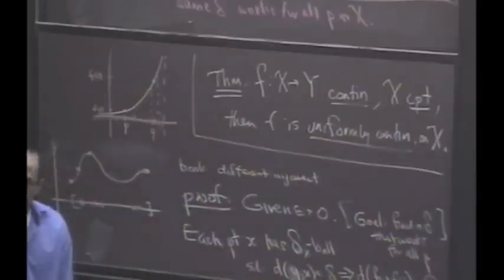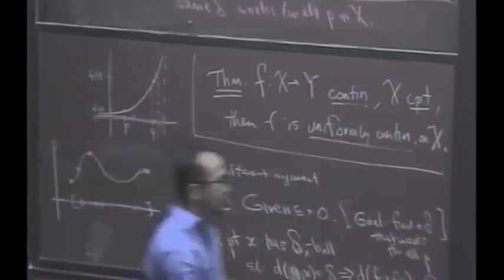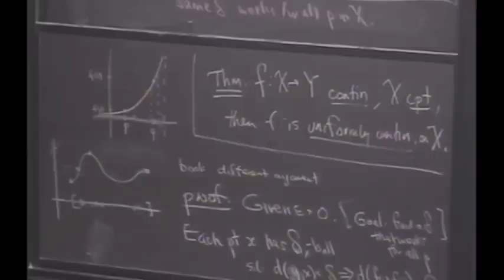That might depend on x. With me? Okay, we'll see in a second what that should be. I'm trying to motivate this argument for you. Okay, so the delta x balls cover x. So there is a finite subcover.